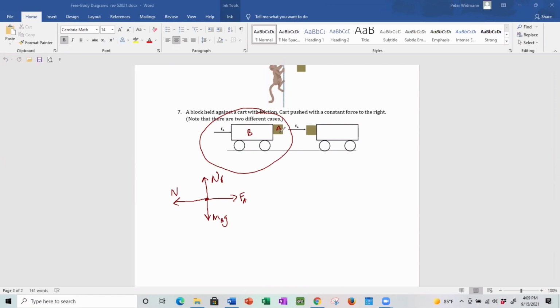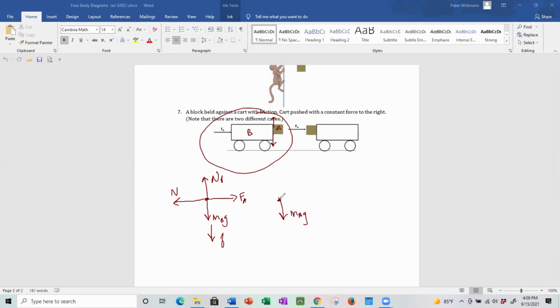And now I have a frictional force holding A up. So for A, the frictional force is like this. For B, it's the reaction. So it's down. So little f is down. Now, what about A? Well, I have MAG.